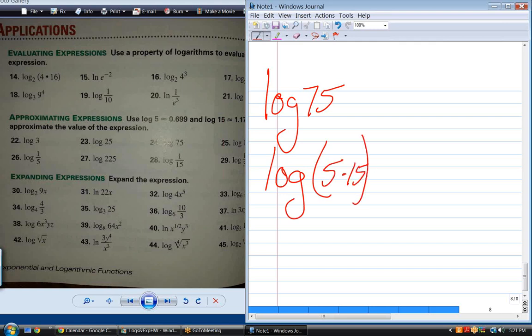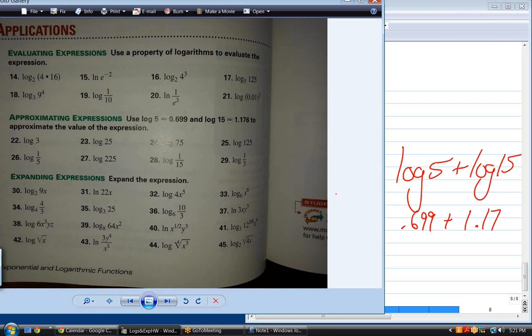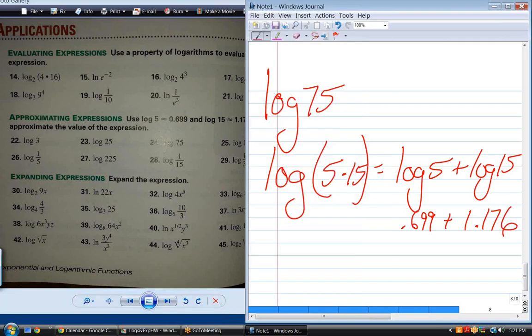In other words, if we're trying to get an answer and the only things we know are what the log of 5 and the log of 15 are, so far that hasn't done me any good. I got to separate it. So you just do log 5 plus log 15. Which in our case is 0.699 plus 1.176, whatever that other decimal is. So whatever those two numbers are, that's the log of 75.